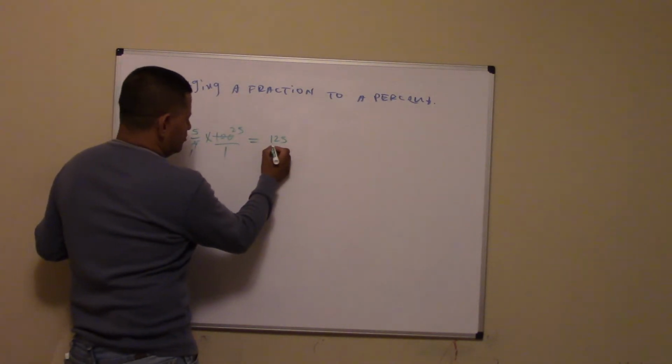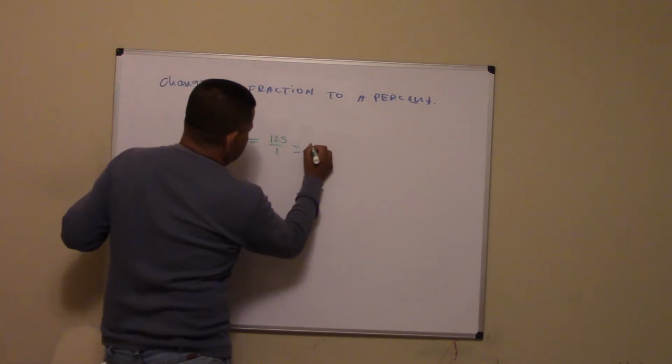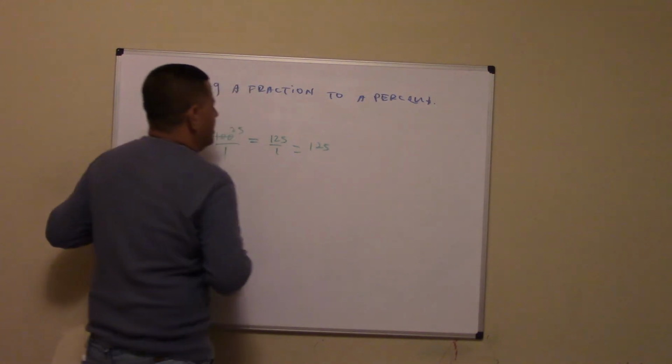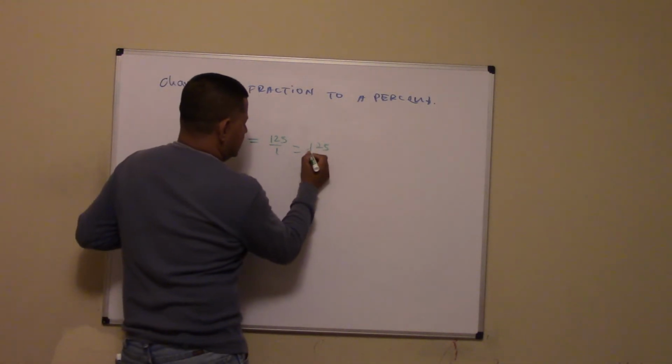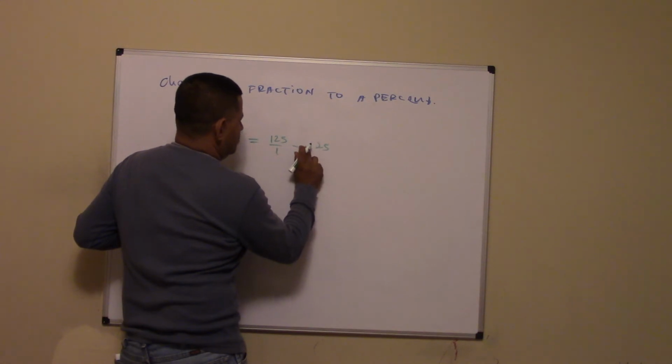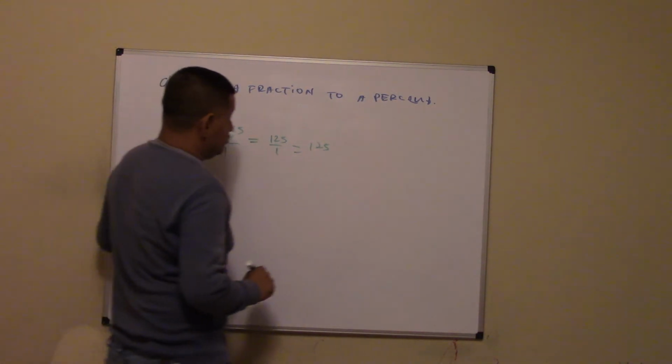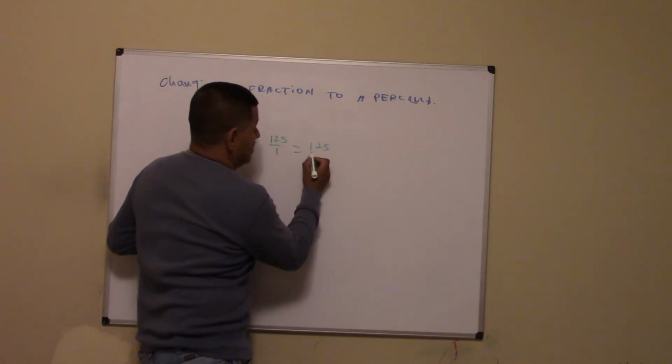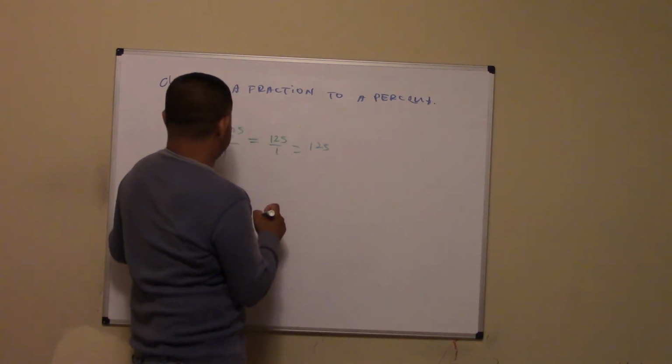And then 125 over 1, which is 125, right? And then move these 2 places to the right, right?